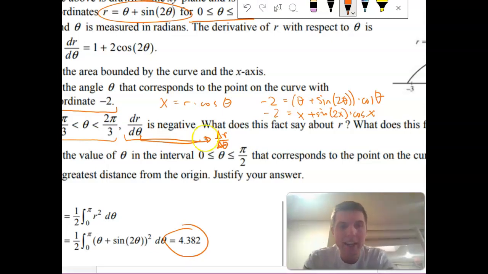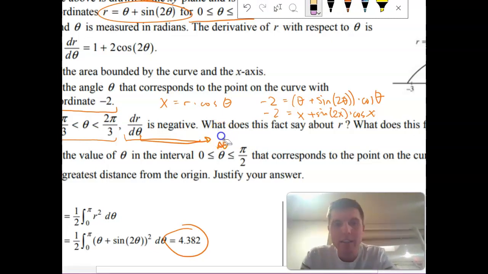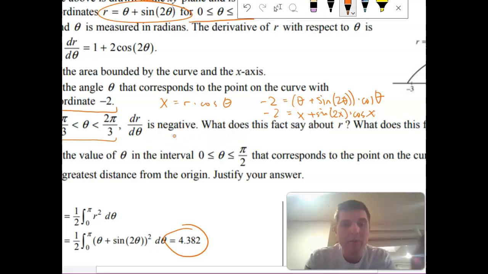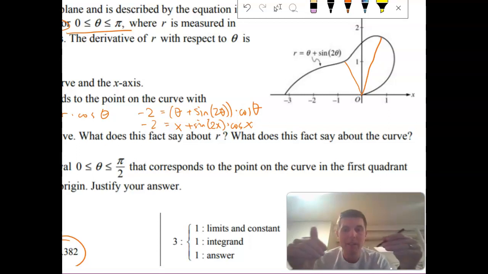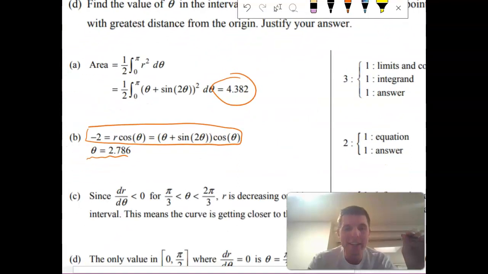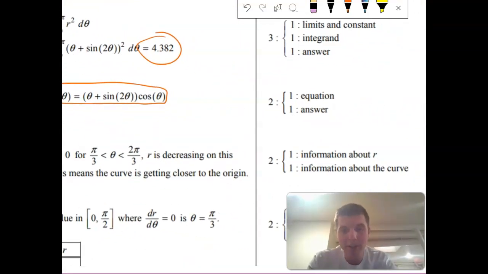If dr d theta, the change in r as my angle goes around this circle, is negative, it's getting smaller. So that says my distance away from the origin is decreasing. Any combination of that is what we're looking for. This is kind of a weird question because it's great. Its key says information about r, information about the curve.